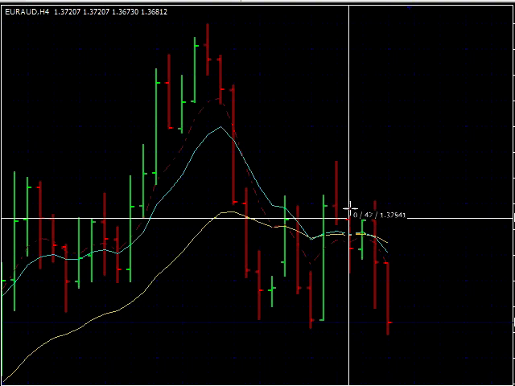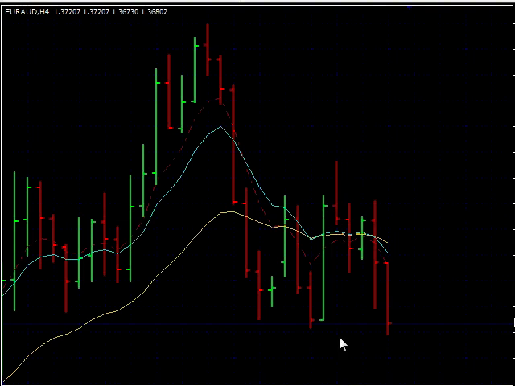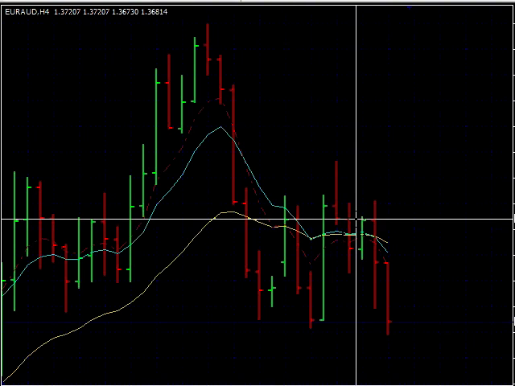This is our stop loss area, and our risk will be around 40 pips. The good area for us to take profit will be at the low. Can we see here? The previous low.